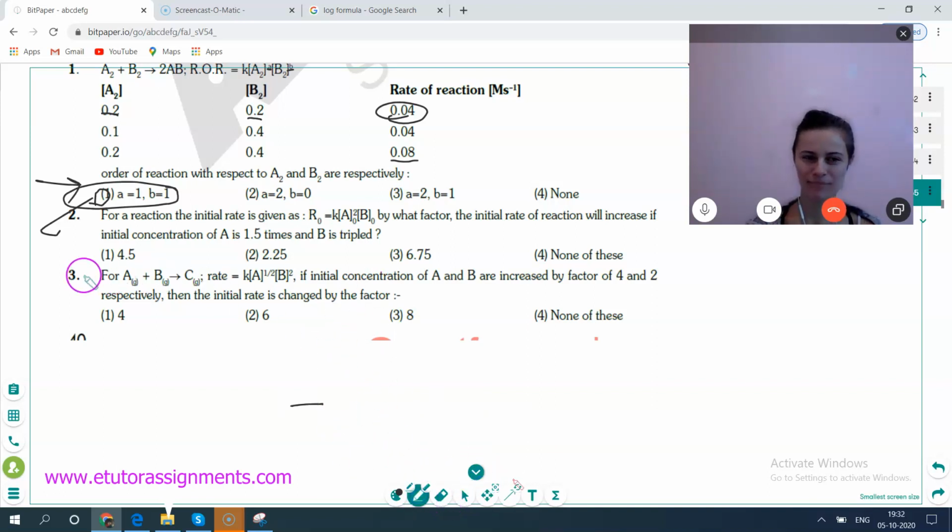Are all three answers correct or not? Box 1, 2, 3. Yes, it's correct. All three are correct. Is it clear? Good.